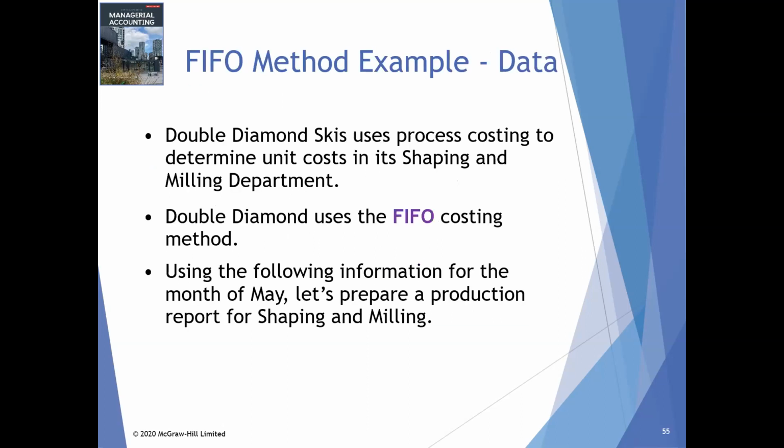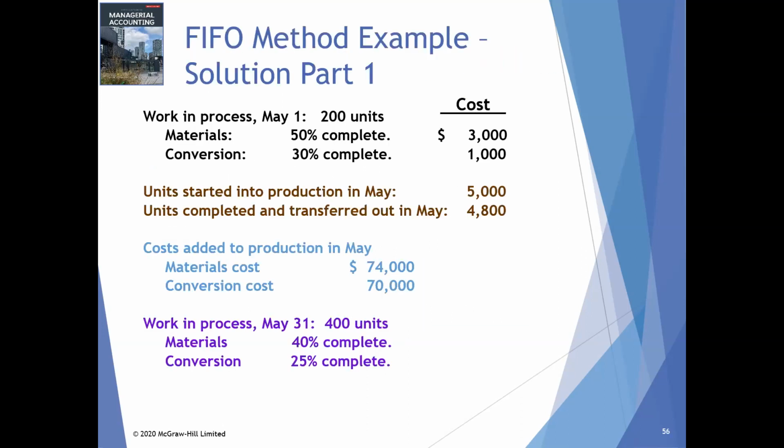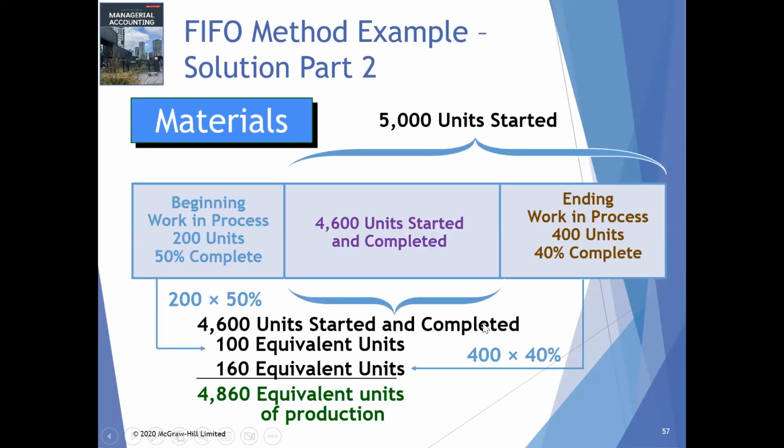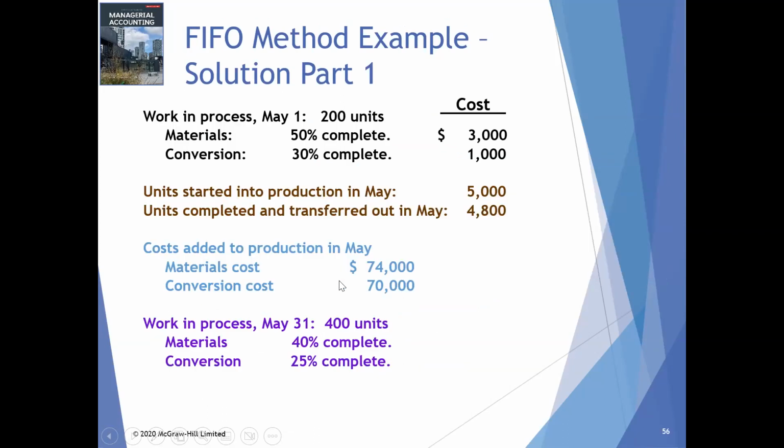Now let's see. We have exactly the same example. Everything is the same. We have not changed anything, but the method is changed. In this method, we know that there are 200 units at the beginning, and 4,800 units completed and transferred in the month of May.